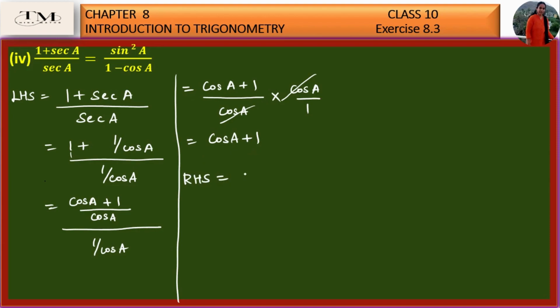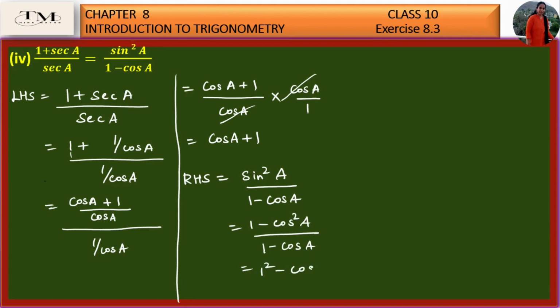Now let us take RHS. What is RHS? Sine square A divided by 1 minus cos A. What is sine square A? Sine square A is nothing but 1 minus cos square A divided by 1 minus cos A. So this is nothing but 1 square minus cos square A divided by 1 minus cos A. So this is A square minus B square. What is A square minus B square?